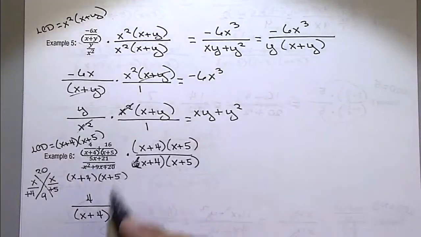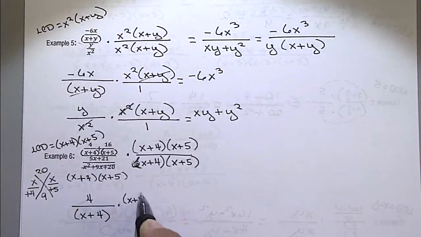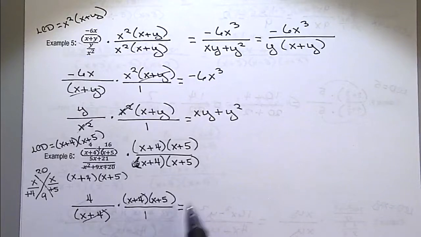So when I multiply this 4 times x plus 4 times x plus 5, what happens here? I'm going to convert that, it becomes 4 times x plus 5. Are we good?